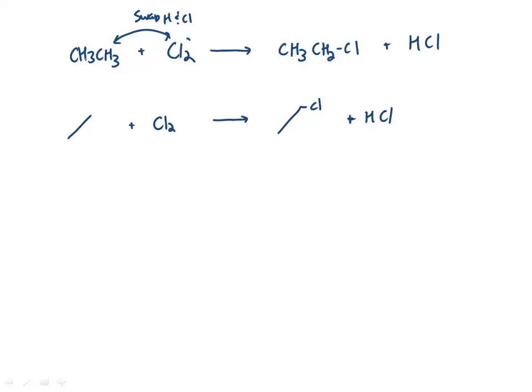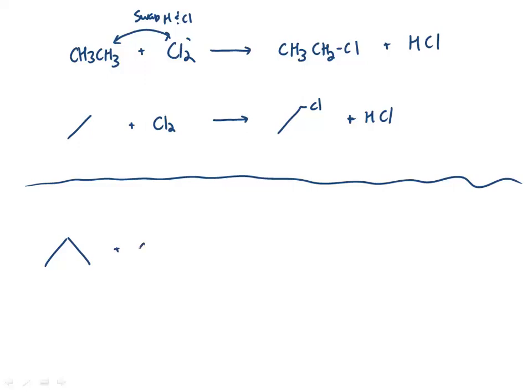Now the nice thing is once you've mastered this reaction, it's not too hard to see what happens in the next case. For instance, what if I just change that to that? What happens? Meaning I go from ethane to propane.